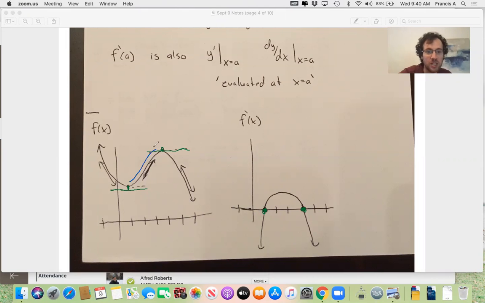So this part here, which we're thinking of as moving up, or draw any tangent lines and the slopes are positive, that explains why this part of the graph is above the x-axis. So here, the derivative is positive, which means this corresponds to the slopes of the tangent lines being positive on this part.